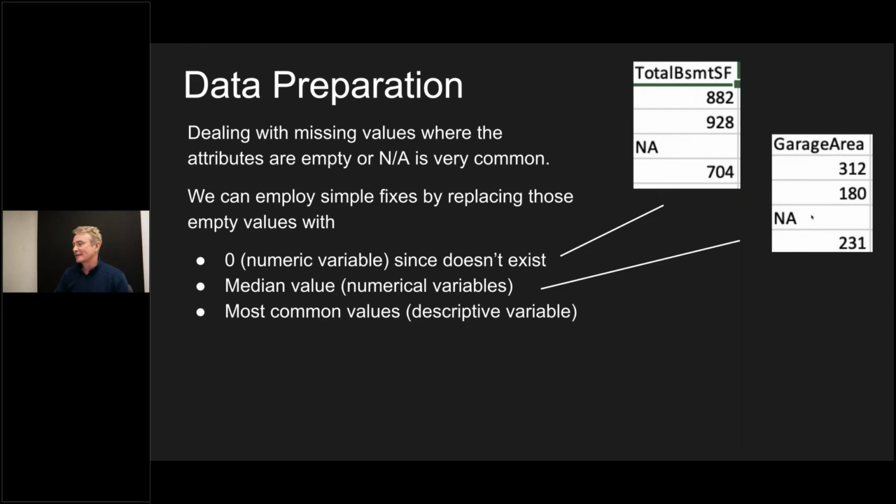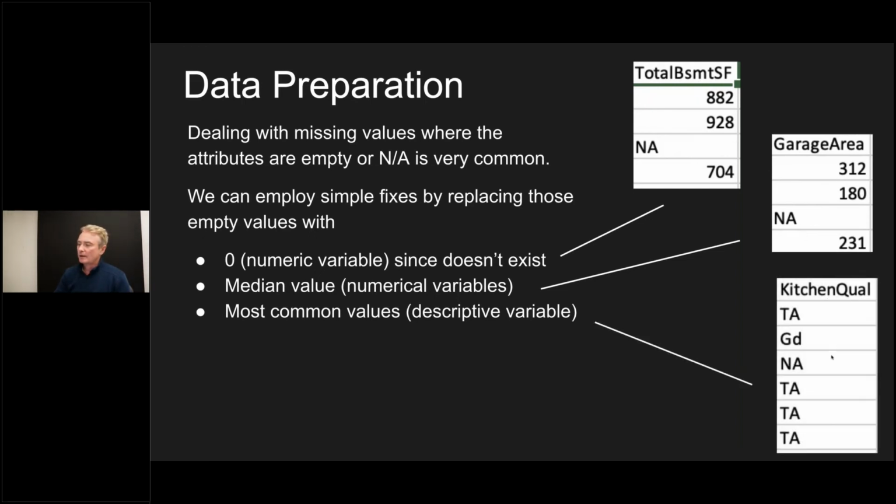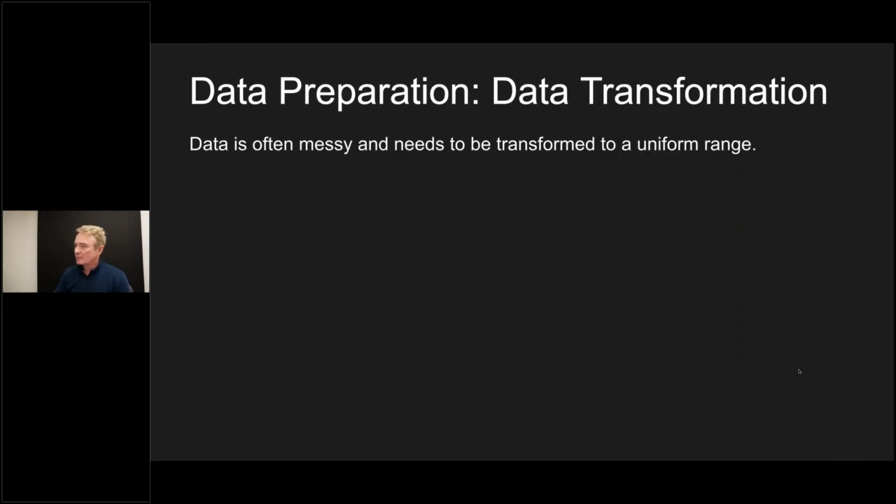Garage area is the same as well. Does it actually have a garage? So is it good to put in the average size of a garage, or should it be 0 as opposed to an NA? And kitchen quality. Here, if most of the variables are TA, 4 out of 6 there, then it's probably a safe bet to put in TA. But again, these are judgment calls. You are the person doing it.